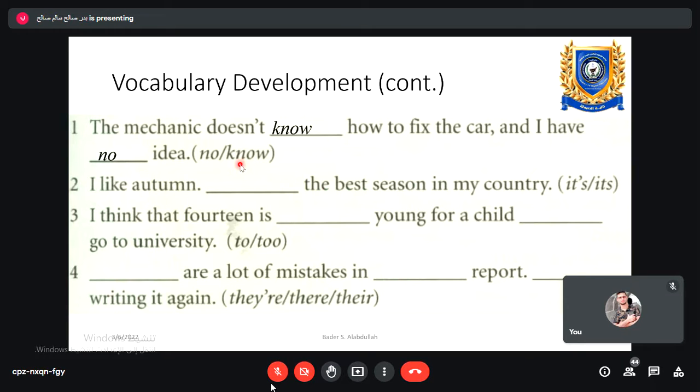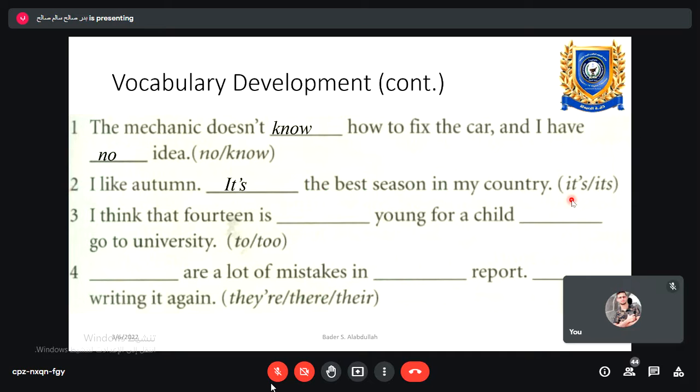Number two, I like autumn, blank, the best season. Which one? It's. The first one, which is a contraction for it is. It's the best season in my country. Number three, I think that 14 is blank young for a child.